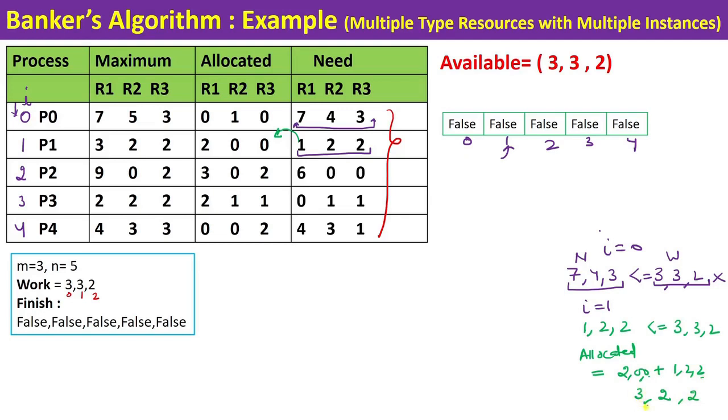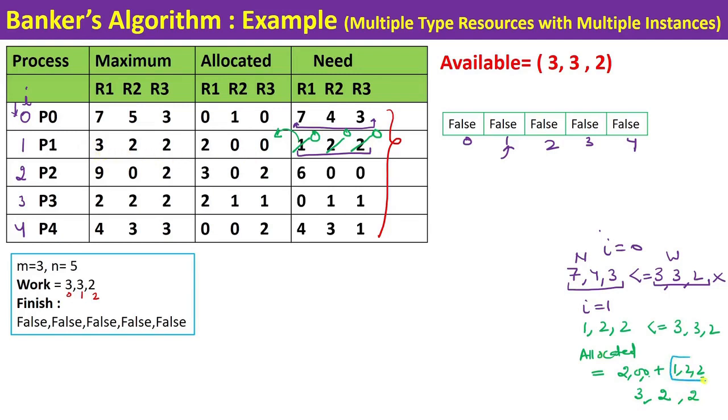So 3 printers, 2 CD-ROMs and 2 tape drives have been granted to the P1 process, right? So this is allocated. Now what will be inside this need array? Because everything has been given to this P1, now everything will be 0. P1 has been allocated 3, 2, 2, that is all the maximum need of P1 has been granted, right?